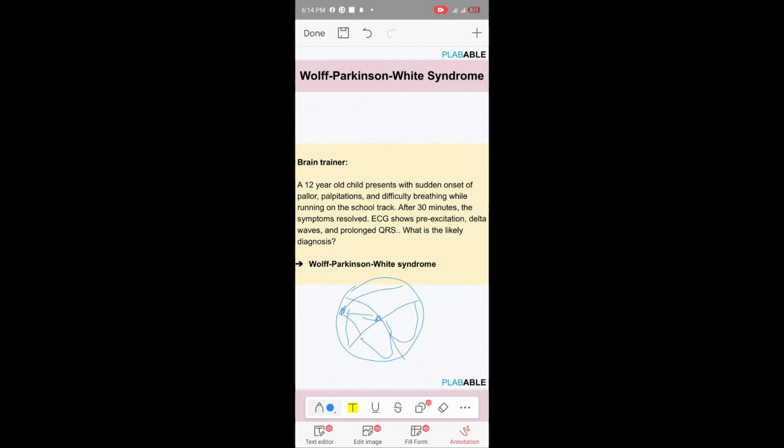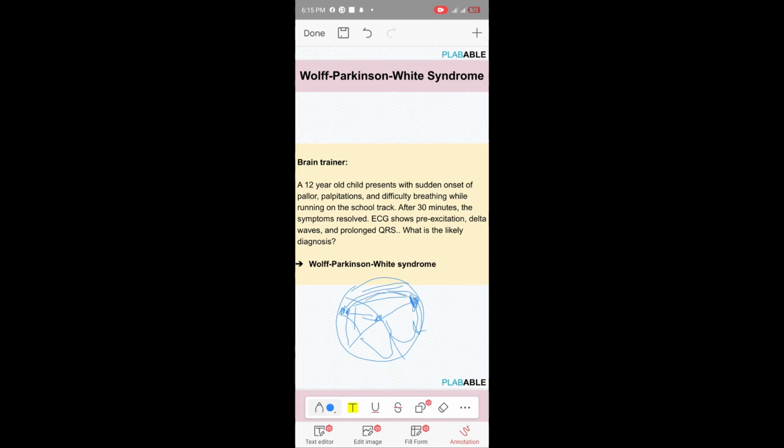But say, for example, the SA node is sending an impulse through its bundle to the left atrium or the right atrium, and here there is an accessory pathway which is conducting this impulse to the ventricles. Normally, the ventricles should receive the impulse through the AV node, but here there was an extra bundle, that is what we call the bundle of Kent.